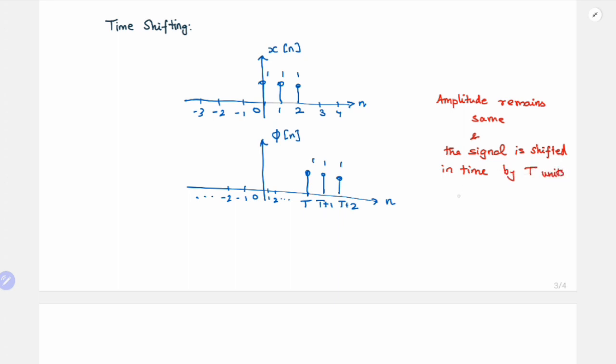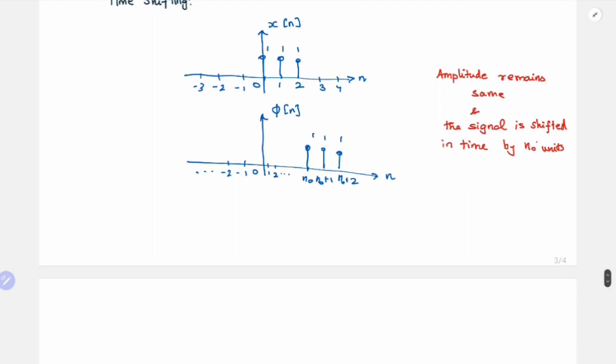Again, this t should be an integer because we are only considering integers. So we can just write this t as some n naught, since then it is easier to see it as an integer. So by n naught units.